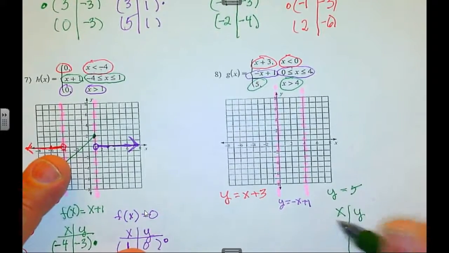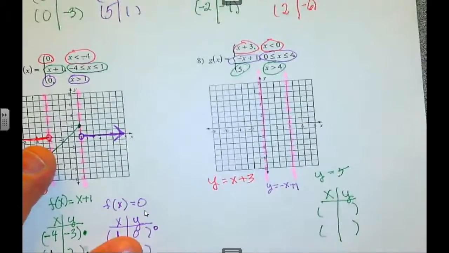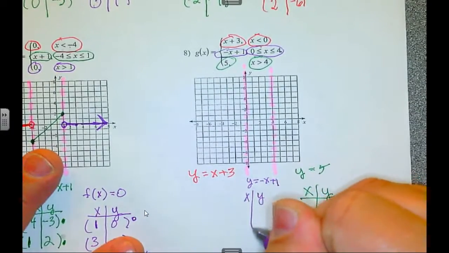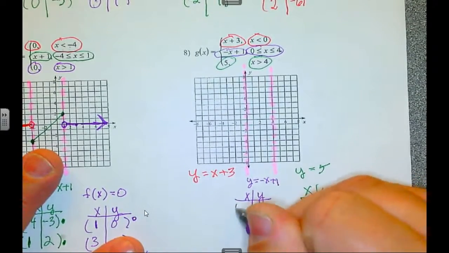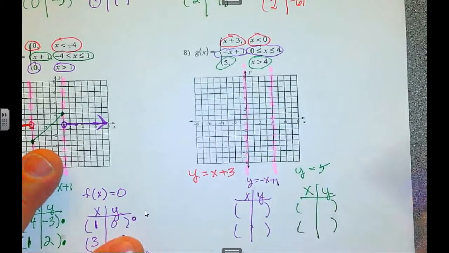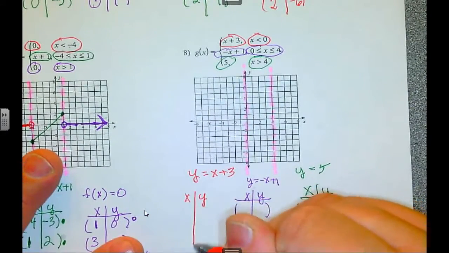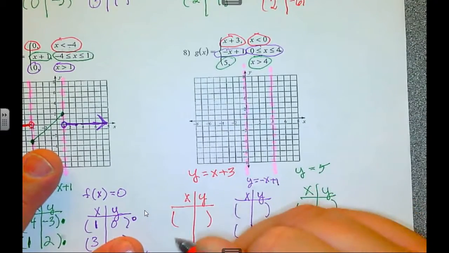Okay, you need XY charts, 2 points for each one.